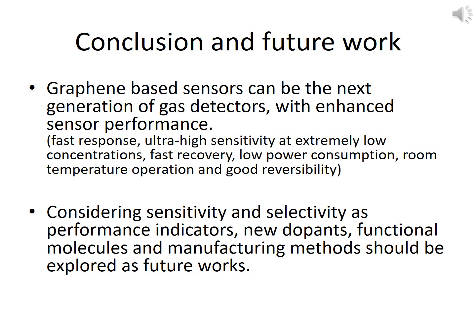Considering sensitivity and selectivity as performance indicators, new dopants, functional molecules, and manufacturing methods should be explored as future works. Also, additional research on functionalization of graphene is necessary to improve its electrical conductivity and dispersibility. Finally, it should be noted that the method for the mass production of graphene has not yet been identified, being also a future work to be considered.